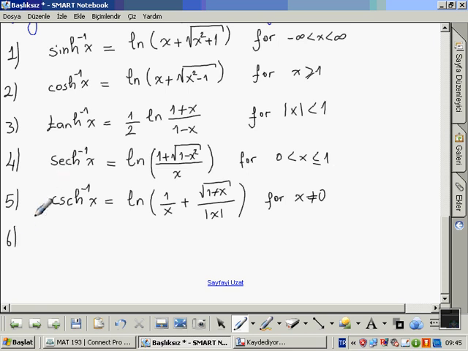And the sixth one, inverse coth x equals 1 over 2 times ln of (x plus 1) over (x minus 1), for absolute value of x larger than 1.